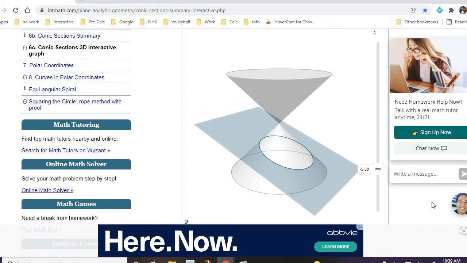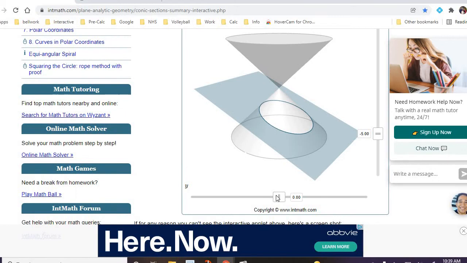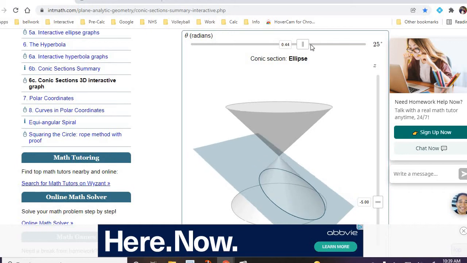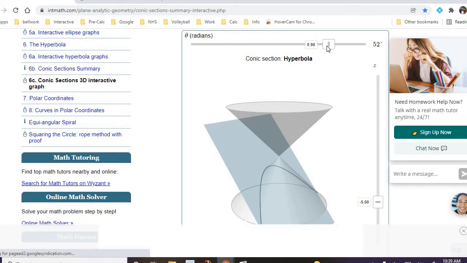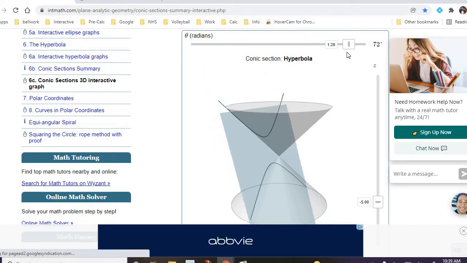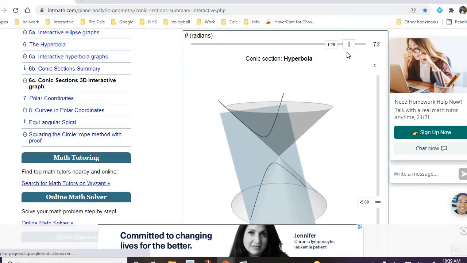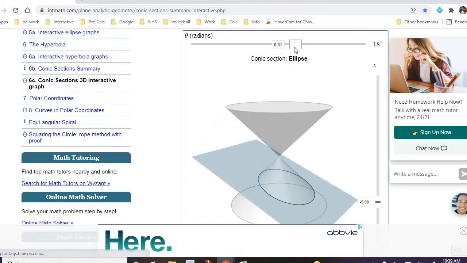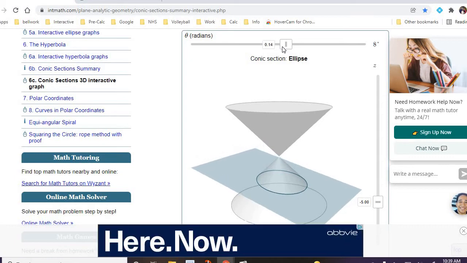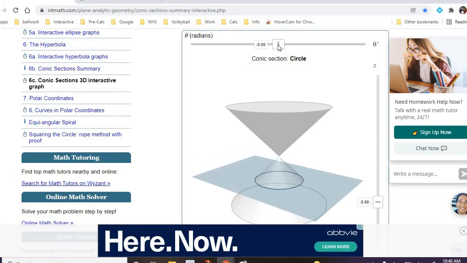If I change the angle at which I am slicing it, then notice that I get a parabola there at the bottom, or if I have both of them, it becomes a hyperbola. And if we go exactly across, we end up with a circle. So basically we're slicing cones, and that's where we end up with it.